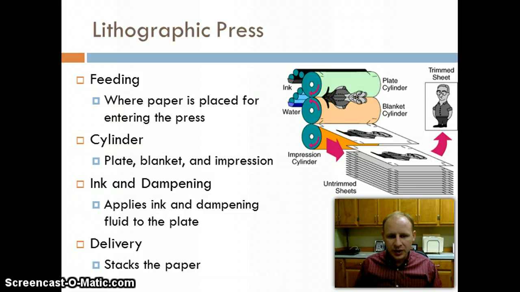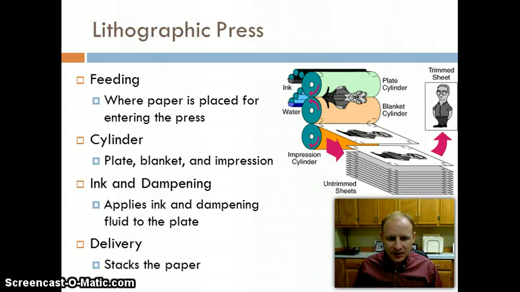So we have our ink, the color that we're going to put on the paper, and our paper is fed into the press, and then we have 3 cylinders. We have the plate, the blanket, and the impression cylinder, and the combination of these 3 allows us to transfer the image onto the plate, then to the blanket, and then what gets impressed onto the actual paper.